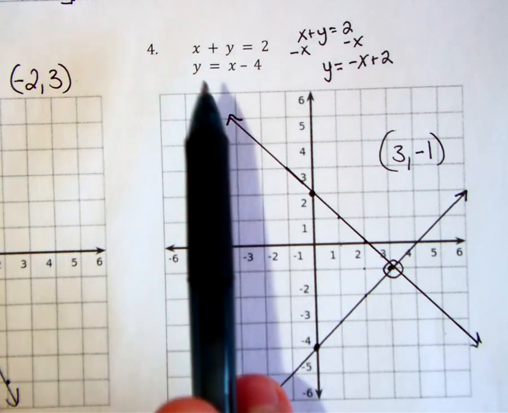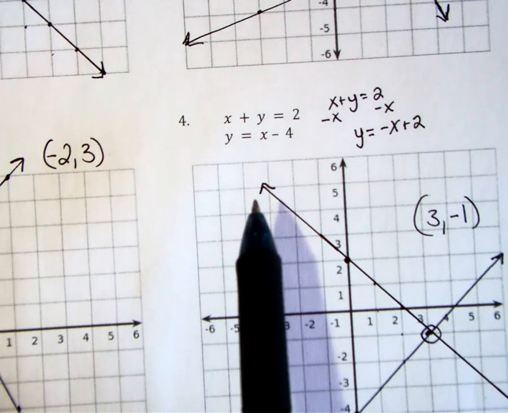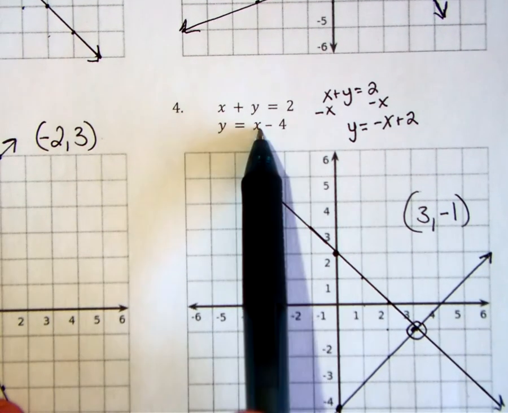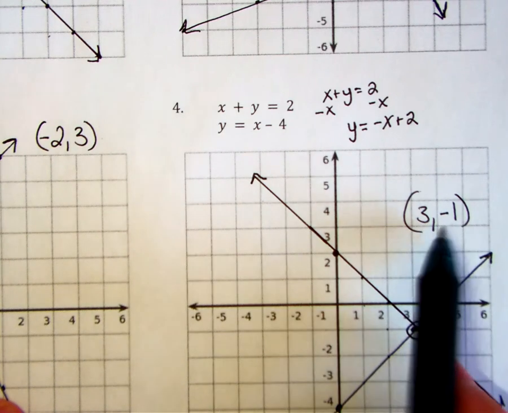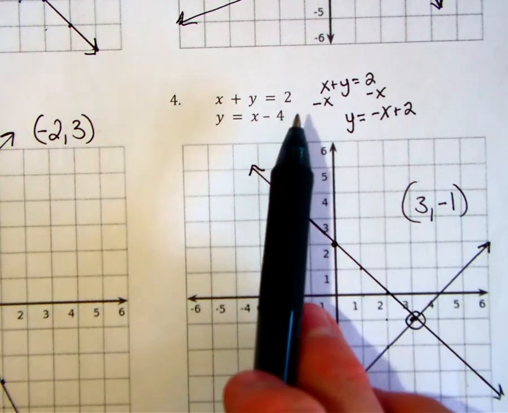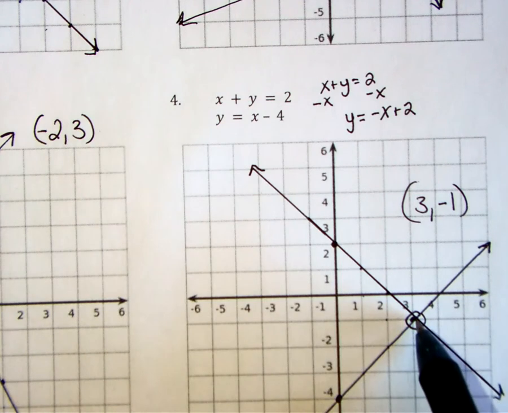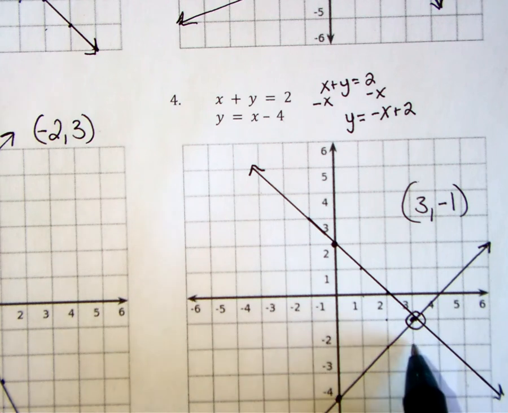Negative 1 equals 3 minus 4. Well, we know that 3 minus 4 is negative 1. That's true also. So that is, in fact, the solution to our system of equations, even though my graph was not as precise as it should have been to make sure that it intersected perfectly at a grid mark.